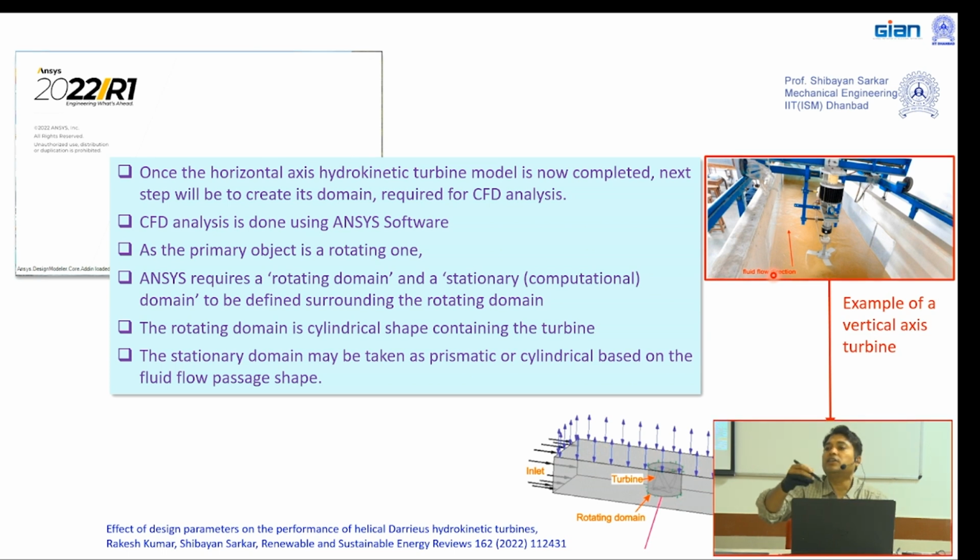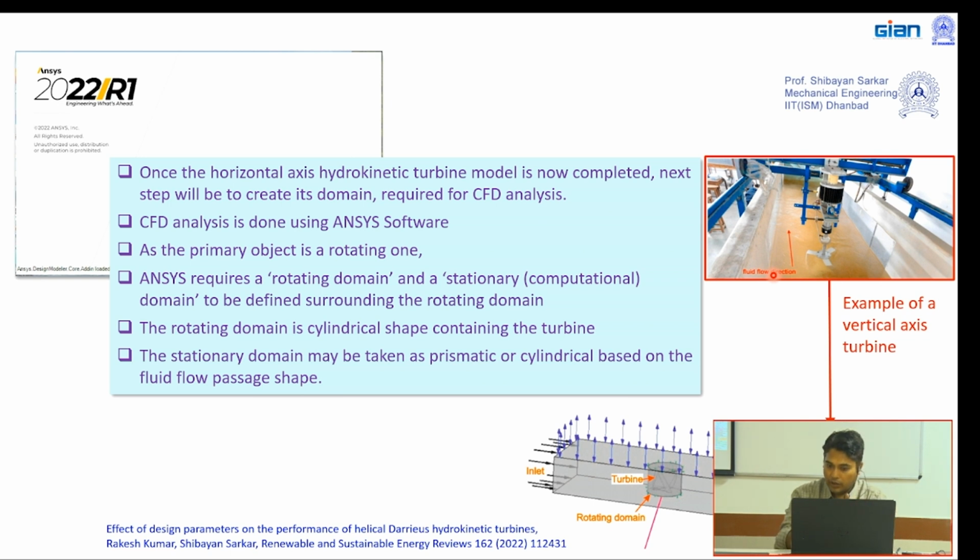The axis orientation will be different. Here the axis orientation is vertical, that is why the cylinder will be like this, and in our case the axis is horizontal, so the cylinder will be like this, nothing else. The remaining part, where the fluid is entering, will remain the same. So these three we need to draw and prepare properly, and then it will be ready to transfer to the ANSYS domain.